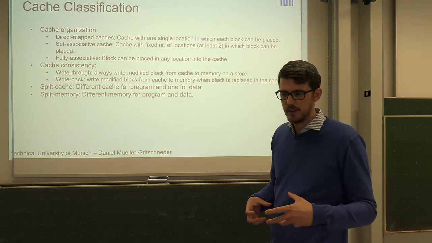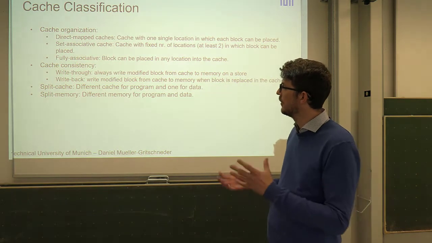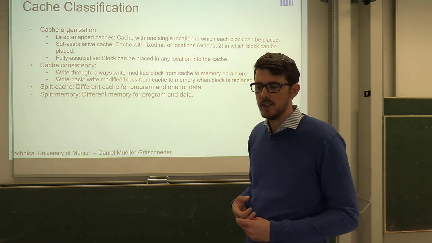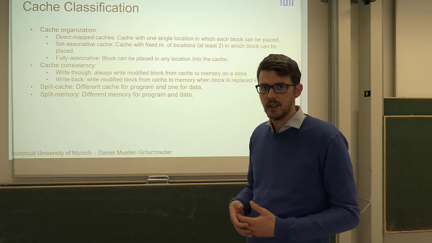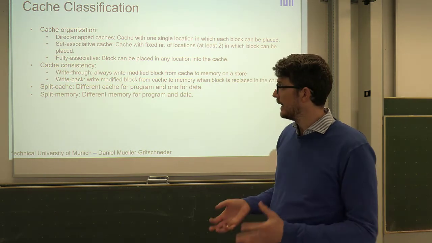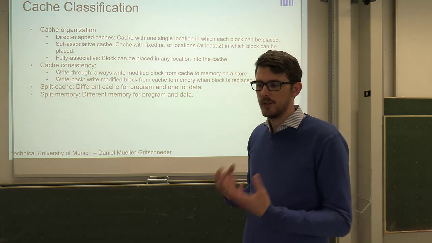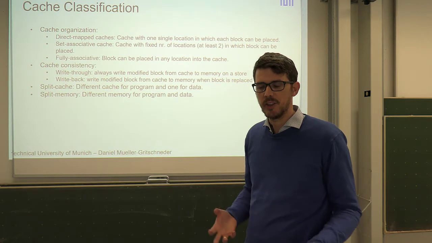Therefore, you can say, I want to have more flexibility. More flexibility would then be a so-called set associative cache, which means there's more than one location where you have to look to see if the data is there. You can store it in different locations in the cache. And then there are the so-called fully associative caches, where you can store a certain address in any location in the cache, which is of course the most flexible way.